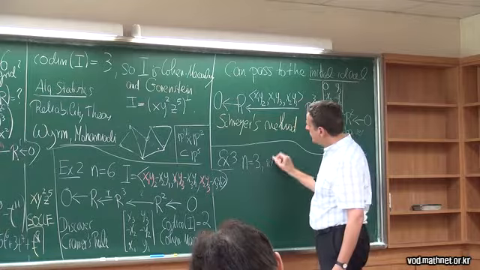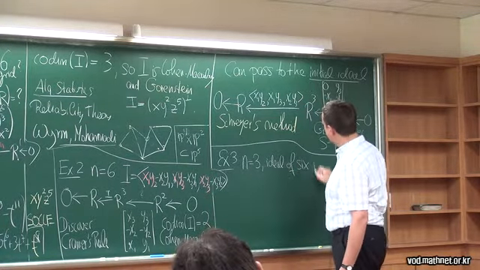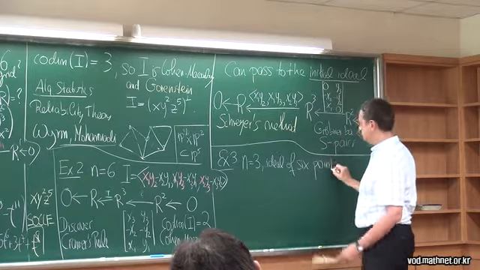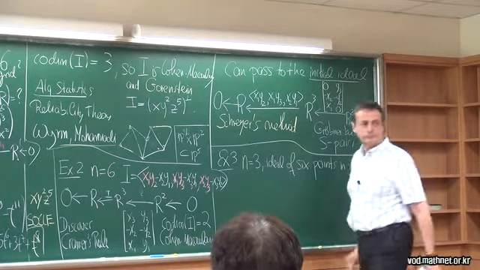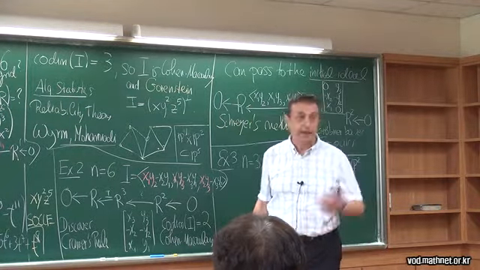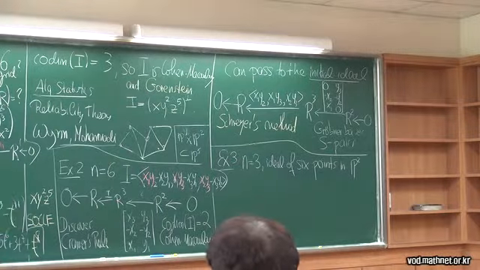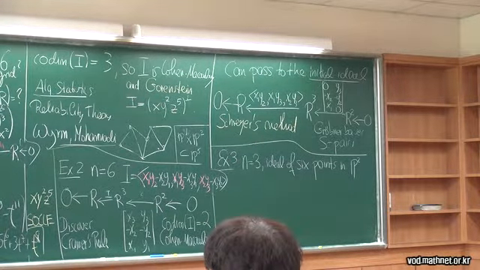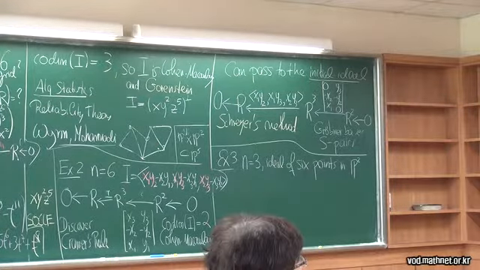And let's look at the ideal of 6 points in the plane. I happen to like 6 points in the plane, and Hyun-Suk Moon likes 7 points in the plane too, but we like 6 and 7 points in the plane. So let's talk a little bit about 6 points in the plane. So, for example, these points. Here are 6 points in the plane.